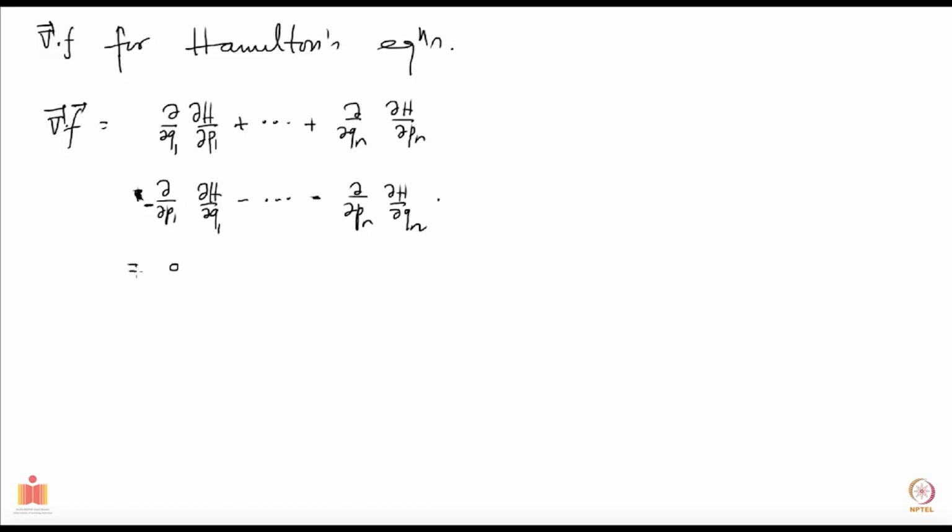So indeed, for our Hamilton's equation, we have divergence equal to 0, which means that whatever volume you take in the phase space, it's going to evolve with time in such a manner that this time derivative is 0, meaning the volume is going to remain unchanged with time.